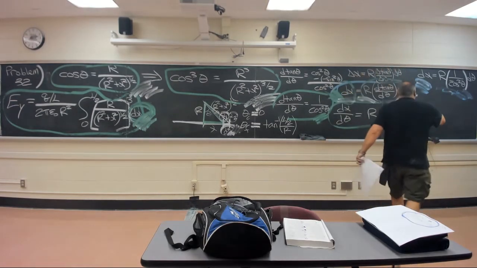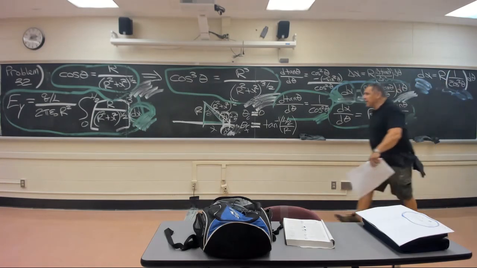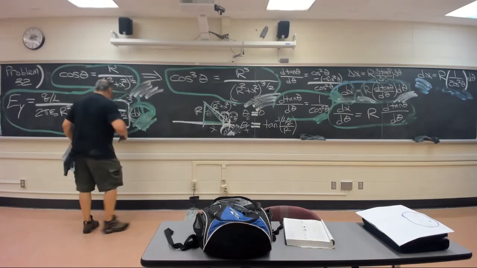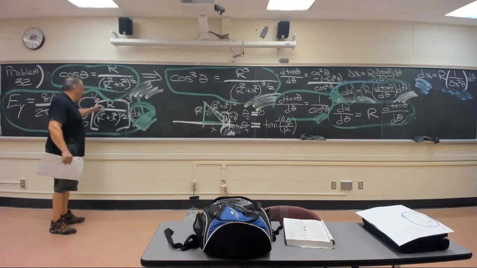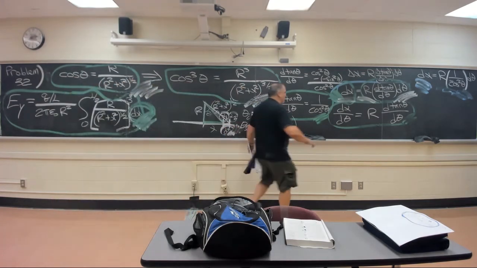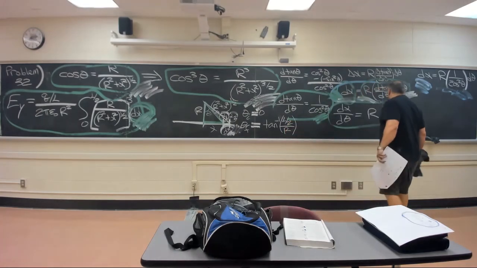Look, big thing here, guys. Dx equals r, 1 over cosine squared theta d theta. I'm putting that right here. In addition to that, I'm calling this 1 over cosine theta cubed. So at the end of the day, let's see what we got here. I wrote a lot, and I'm going to end up erasing a lot here, guys.